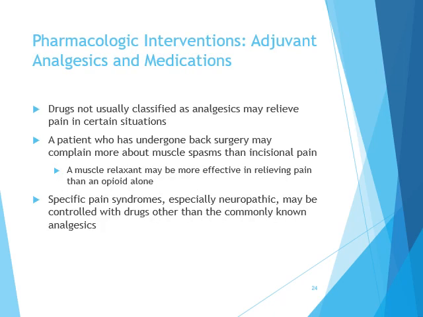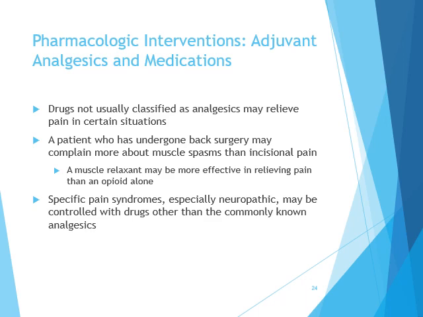So pharmacological interventions, what are some other things we can do? Drugs not usually classified as analgesics may relieve pain in certain situations. For instance, muscle spasm. I have pain in my neck, but it doesn't require an analgesic, it requires a muscle relaxer.